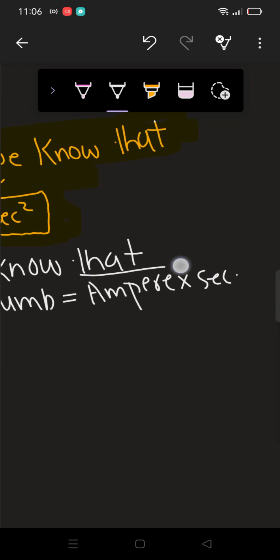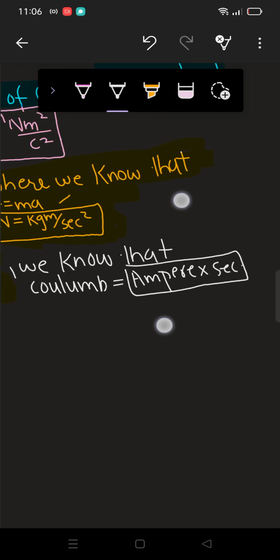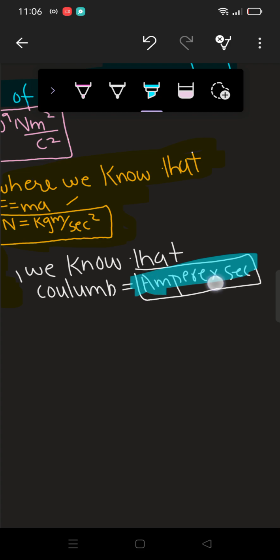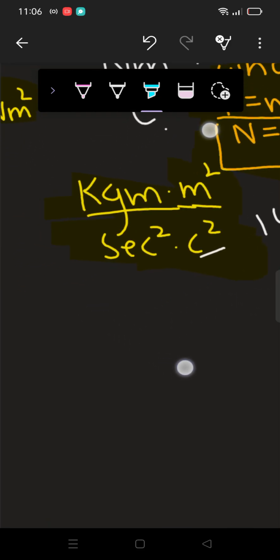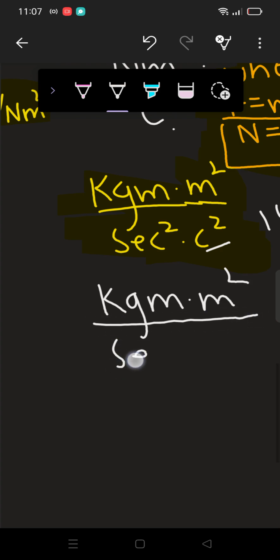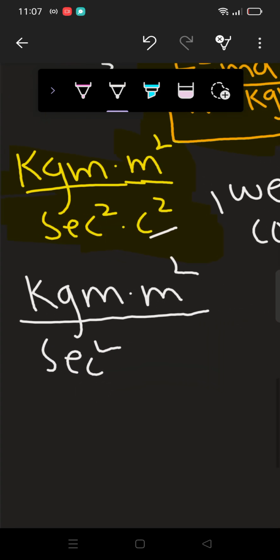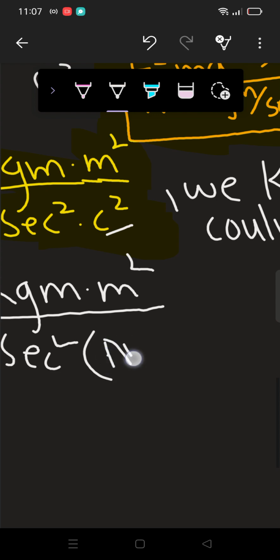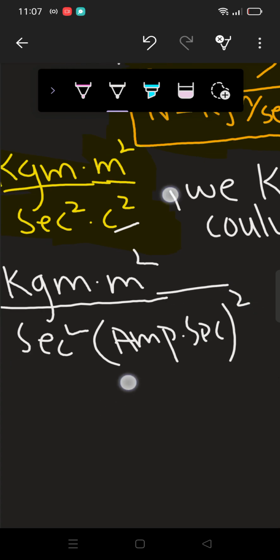So let's put this ampere into second instead of this Coulomb. So we have kg meter into meter square, same upon second square, same. Instead of this Coulomb, let's write ampere into second whole square, since we have the square on the Coulomb.